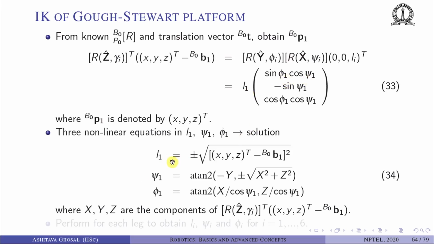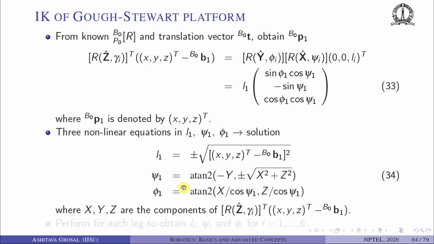It turns out L1 is nothing but plus or minus the magnitude of xyz minus B0Bi. So the translation along the prismatic joint is nothing but the location of the spherical joint minus the location of the fixed base, and the magnitude of that. Psi 1 can be obtained as atan2 of minus y, plus or minus the square root of x squared plus z squared. Okay, and phi 1 is atan2 of x by cos psi 1, z by cos psi 1.